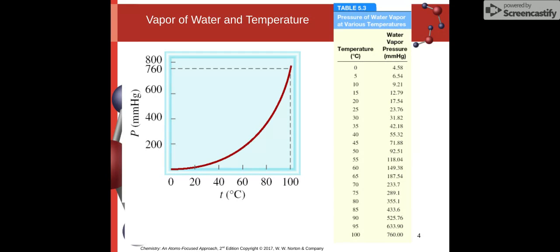Again, I'm going to work a problem on this to show you how it works. Essentially, we're just correcting that total pressure, subtracting out the water so that we only deal with the product of the chemical reaction and not have to worry about the water that is present.